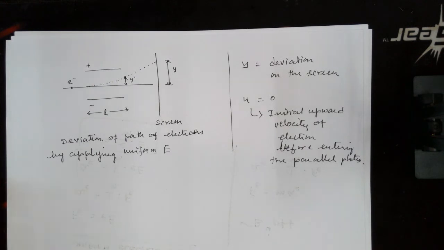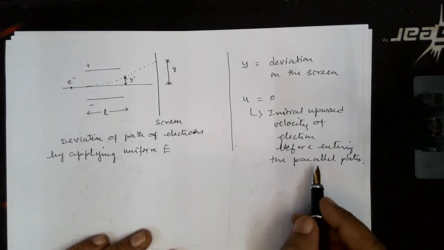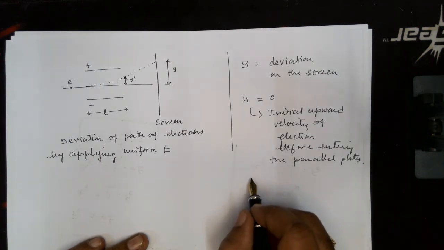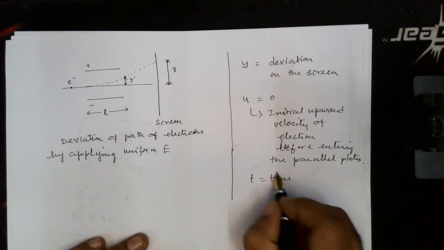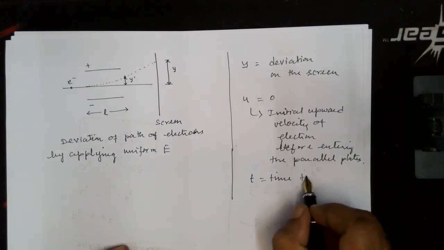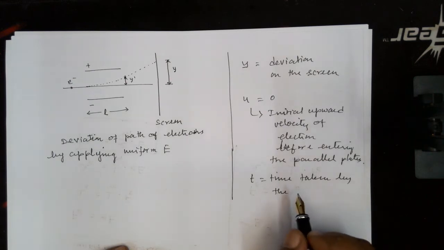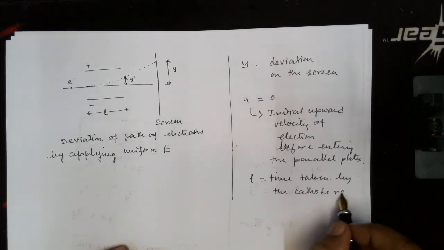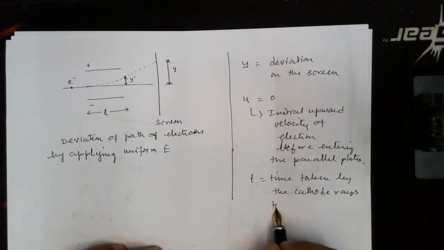Now T is the time taken by the cathode rays to travel. You can either call cathode rays or electron here. So T, time taken by the cathode rays to travel in electric field.